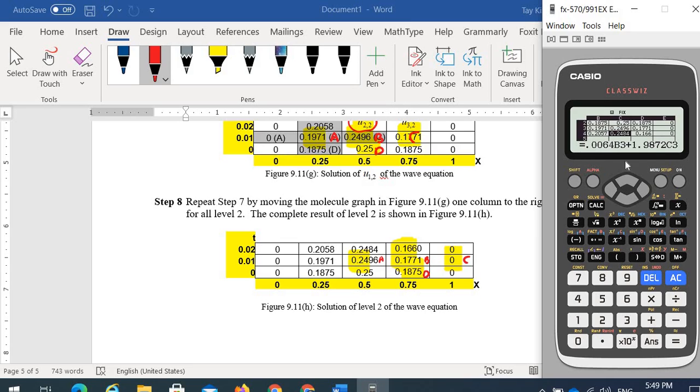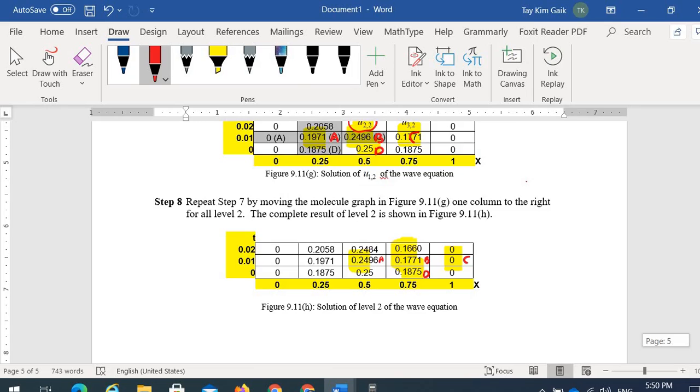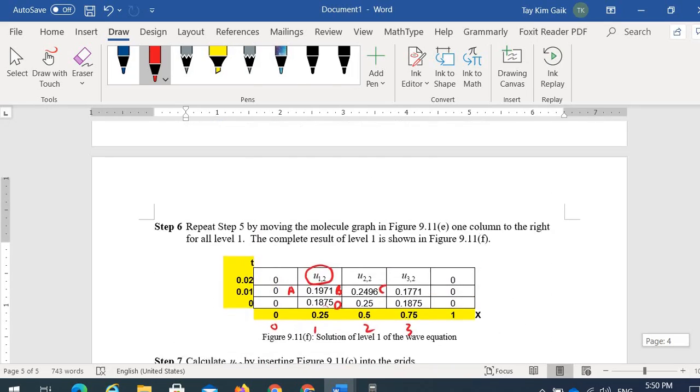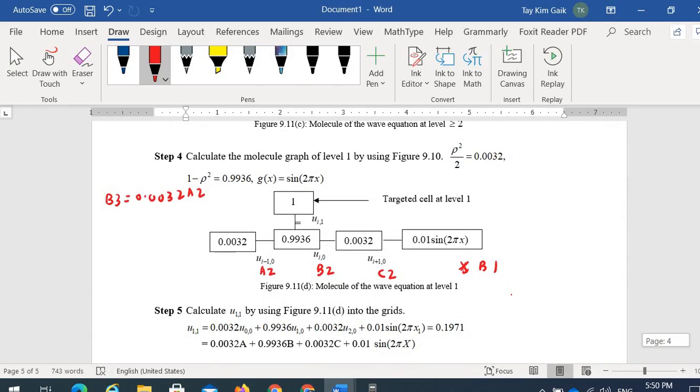Okay, if you don't want to show the formula, you want to show the value, go to the spreadsheet menu, show cell, show value. 0.2058, this value 0.2484, 0.1660. Okay, basically, I key in the level 1 formula in the spreadsheet.